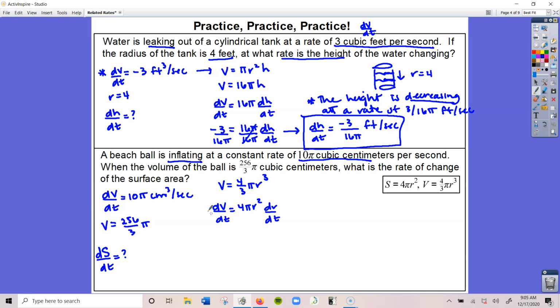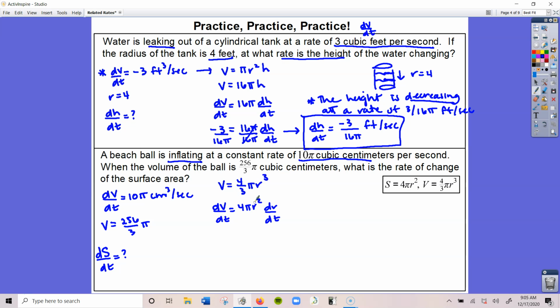I have dV/dt, but I don't know the radius and I don't know the rate of change of the radius. A lot of these related rates problems, there's really no set way of going about it. It's kind of just using your equations and trying to figure out a way of getting all of those unknowns. That's the problem with these related rates problems, we have a lot of unknowns.